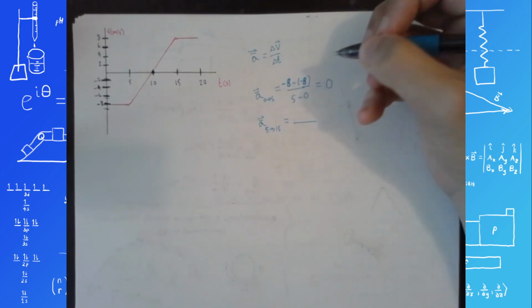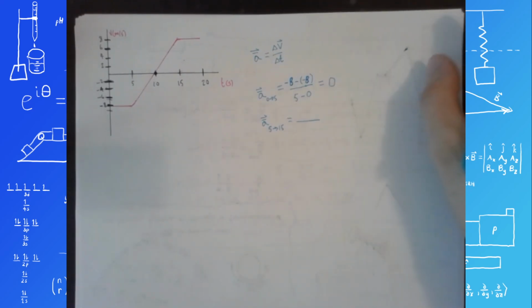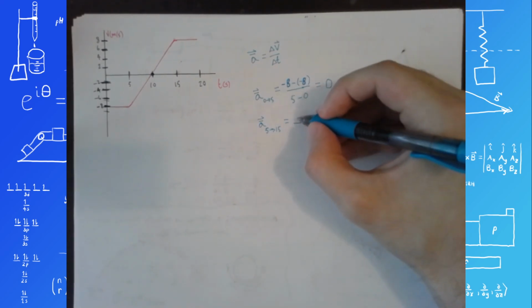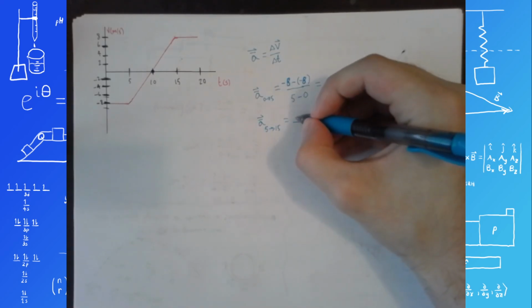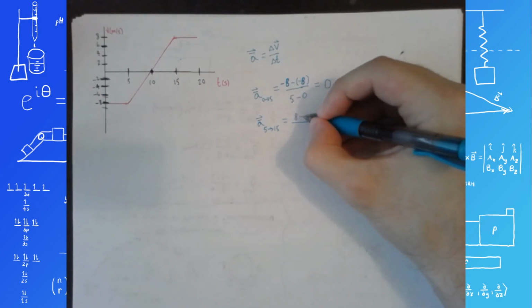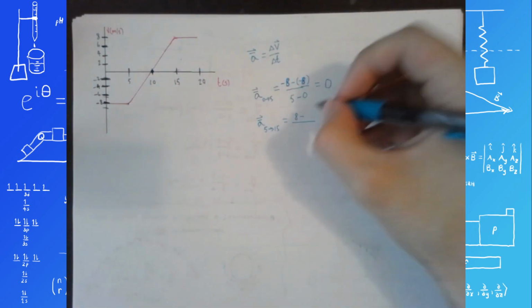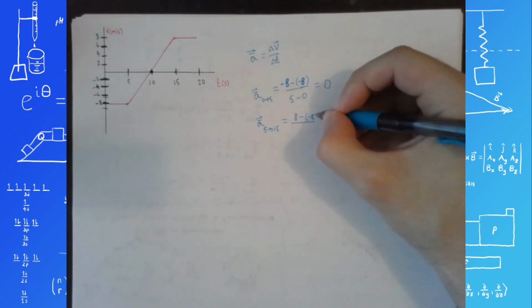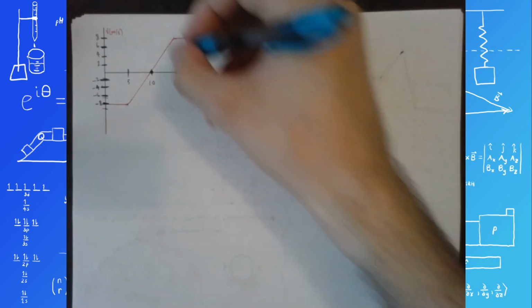They were negative 8s. Glad I caught that. I was looking at the wrong axes. Anyway, that little goof aside, the velocity up here is positive 8 minus the velocity over at this point, about negative 8. 8 minus negative 8 is 16, and then the time, 15 seconds minus 5 seconds.